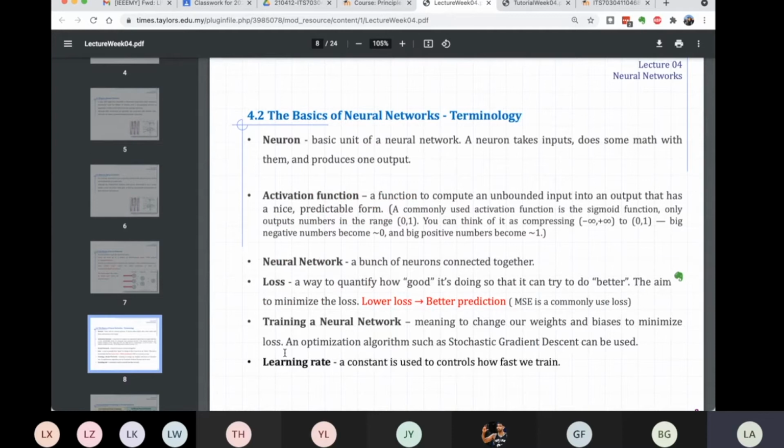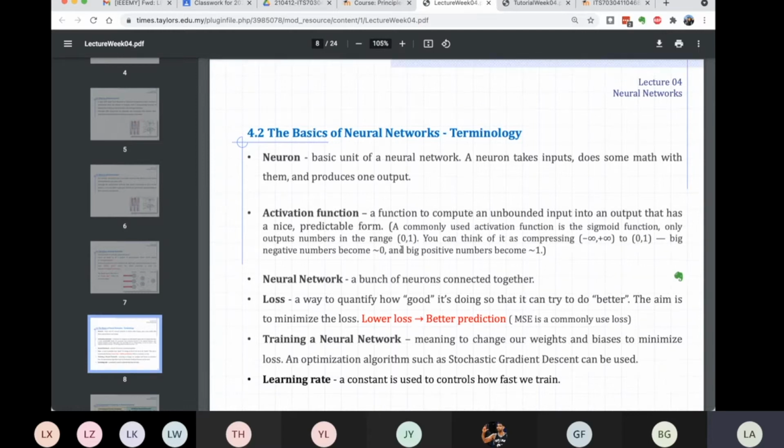These are the basic terminologies, some of the parameters that we have to determine in our neural network. First, we have the neuron. A neuron is the basic unit of the neural network. A neuron takes inputs, does some mathematical computation with them, and then produces an output. We're also going to have the activation function to turn an unbounded input into an output that has a nice predictable form.